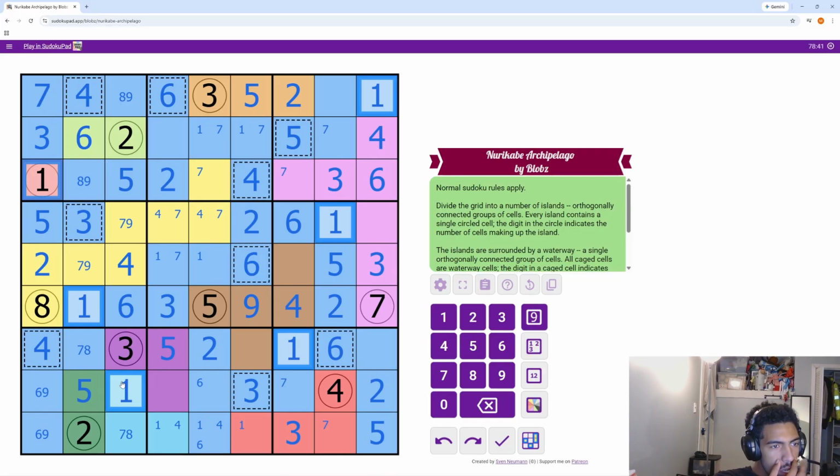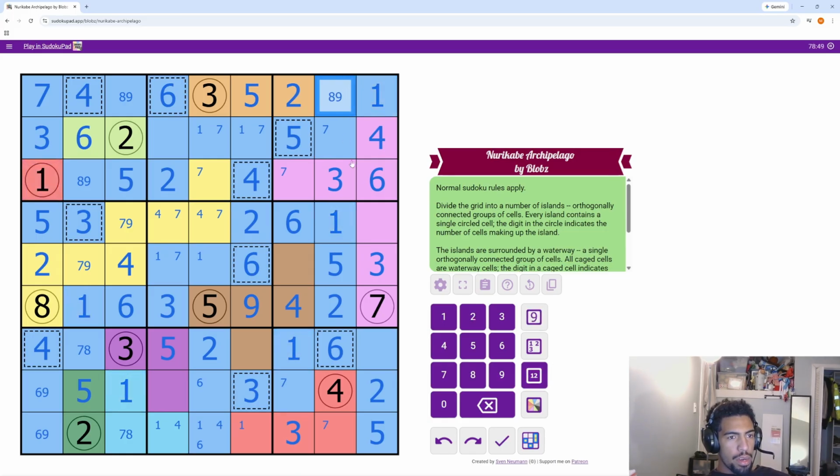Let's see. All right, so I don't get it yet, but I get this is an 8 or a 9. I get that this is 7, 8, or 9. If this was a 7, then I would have an 8, 9 pair next to each other. So this cannot be the 7.